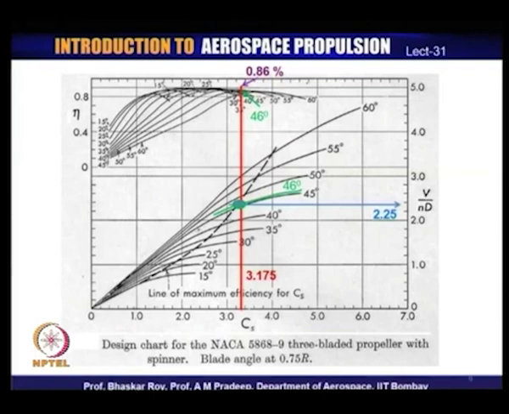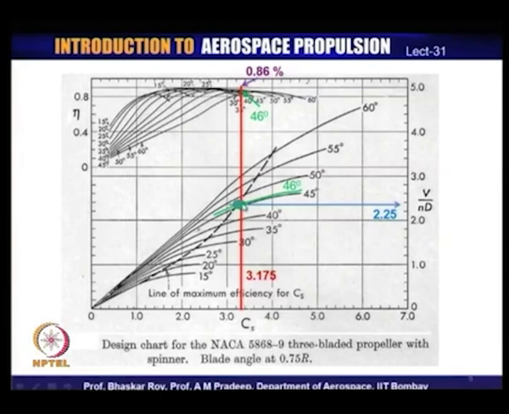If you are now trying to find out how this propeller is going to behave under a particular operating condition that has been specified in this problem, you would need to use this characteristic map. Let us use the characteristic map and see where we get our solutions. If you calculate the value of C s, which we have found to be 3.17, this is where you start off, and then you arrive at V by N d, which is of the order of 2.25, and you arrive at a solution point which is somewhere over here.